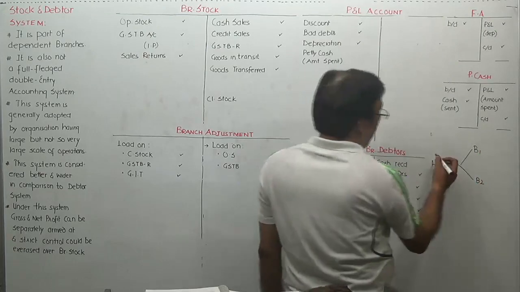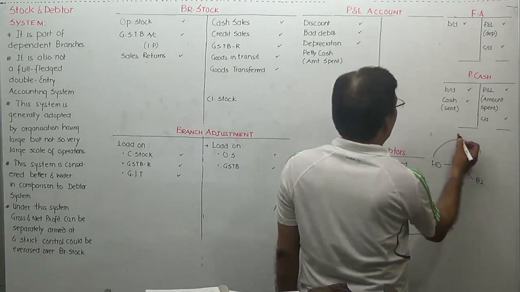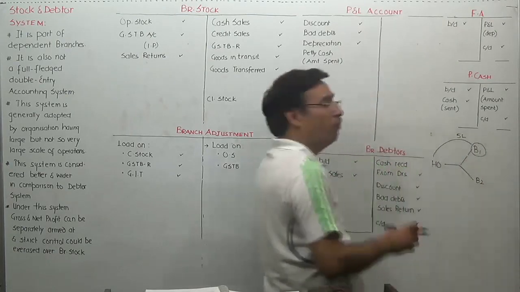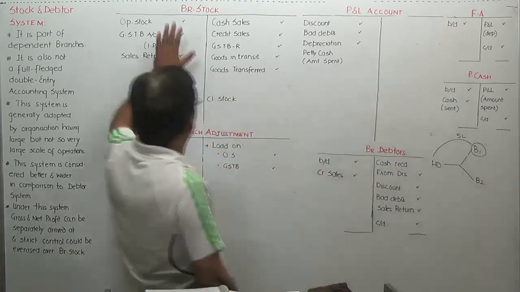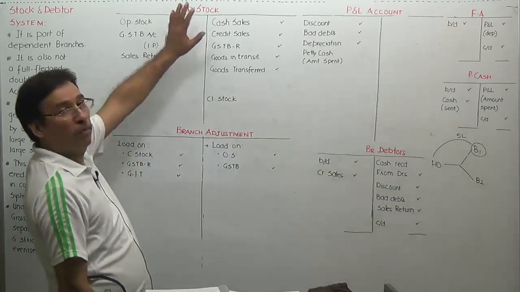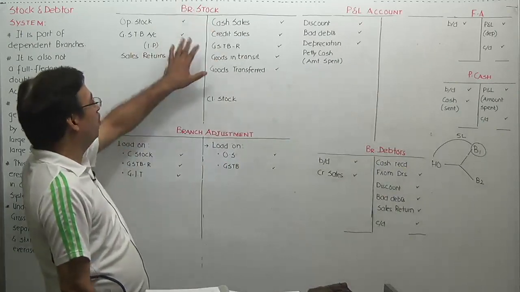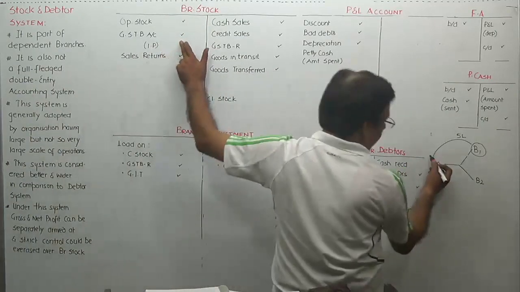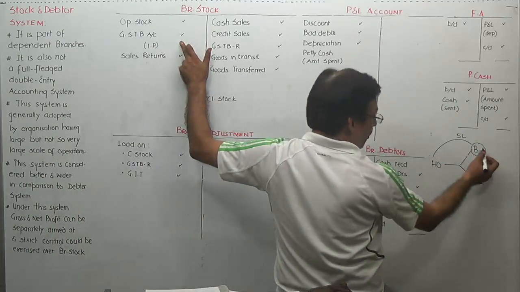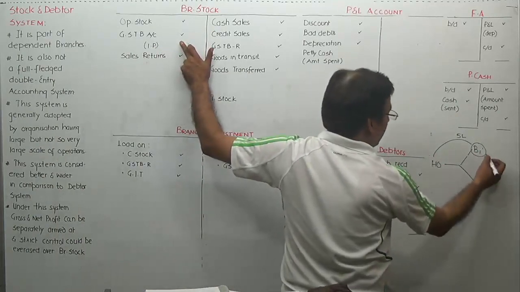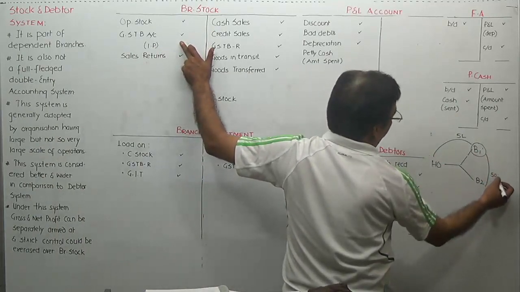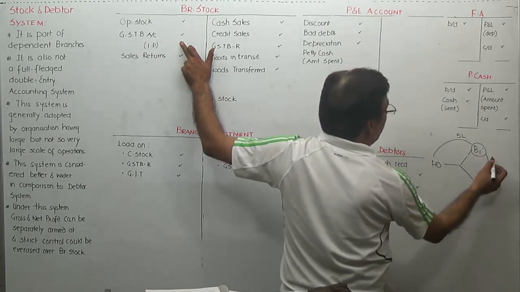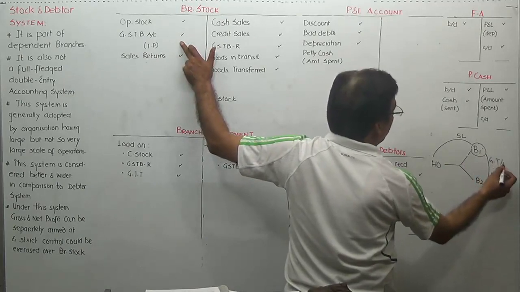Head office sent 5 lakh worth of goods to branch 1, and presuming we are doing the accounting for branch 1, in the branch stock account we will write To goods sent to branch account 5 lakh. After some time, head office gives instruction to branch 1 to send 50,000 of goods to branch 2. From the viewpoint of branch 1, it will be termed as goods transferred.